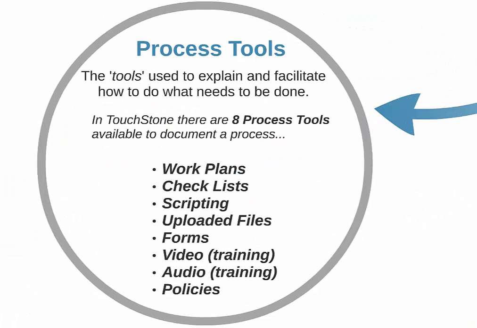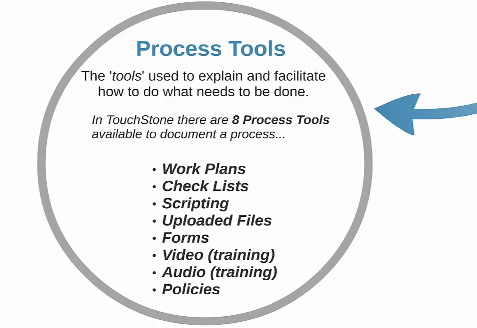Every process has a series of elements. They're what we call the process tools. These are tools that are used to explain and facilitate how to do what needs to be done. And in Touchstone, there are actually 8 process tools. These are the different tools that we have found to be necessary to really have all of the elements of a process available.